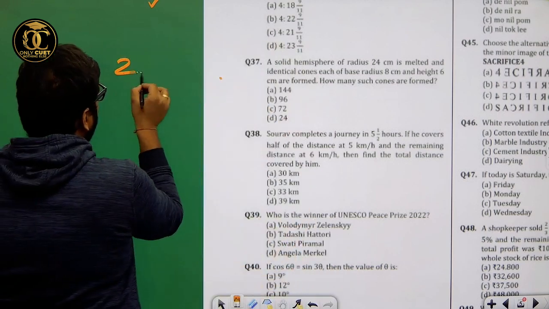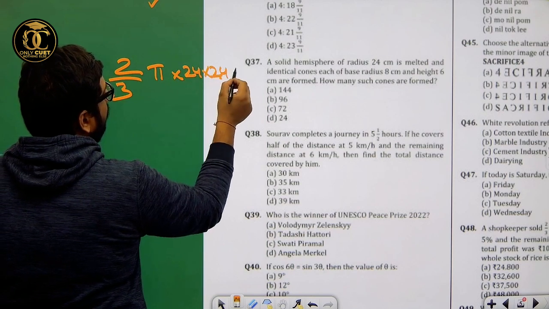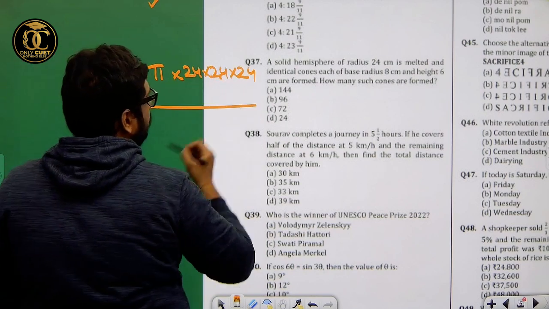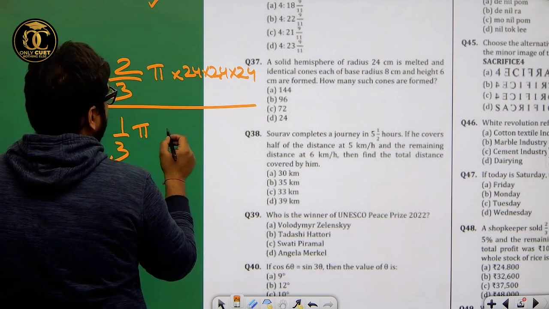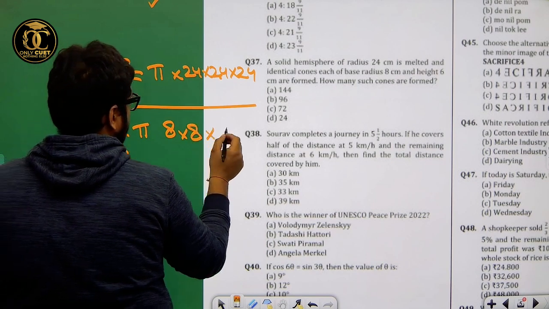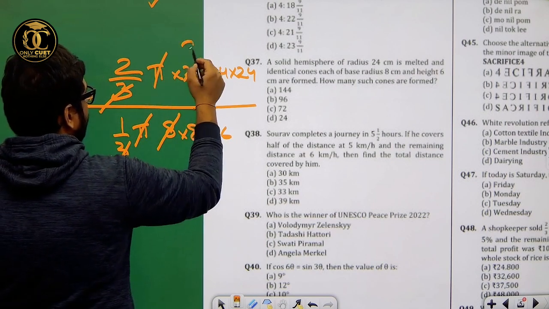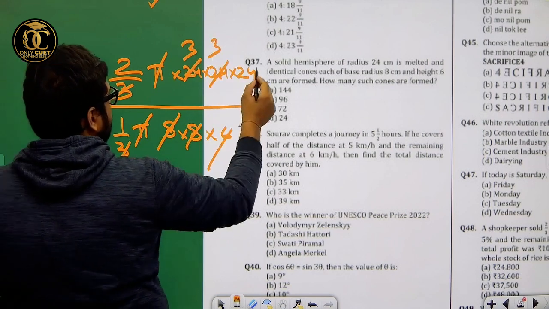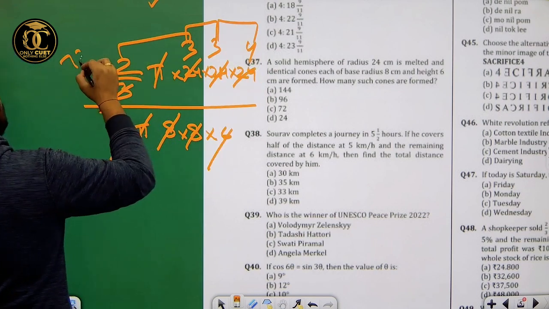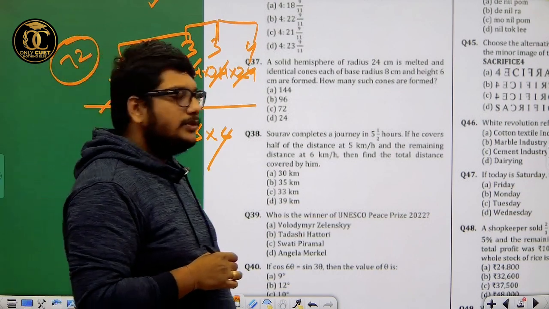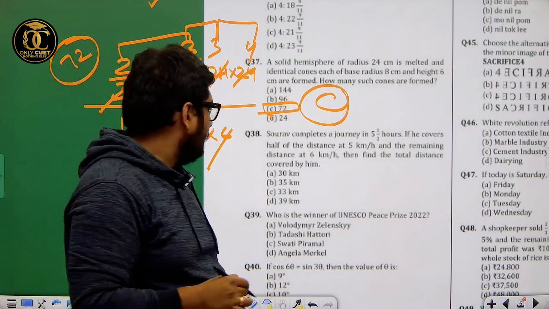Similarly, I'll do that. 2 by 3 pi into 24 into 24 into 24 upon 1 by 3 pi into 8 into 8 into 6. 3 and 3 cancelled. 6, 2 3s are 6, 6 3s are 18, 18 4s are 72. That is, a total of 72 cones would be formed. Option C. Correct answer would be option C.